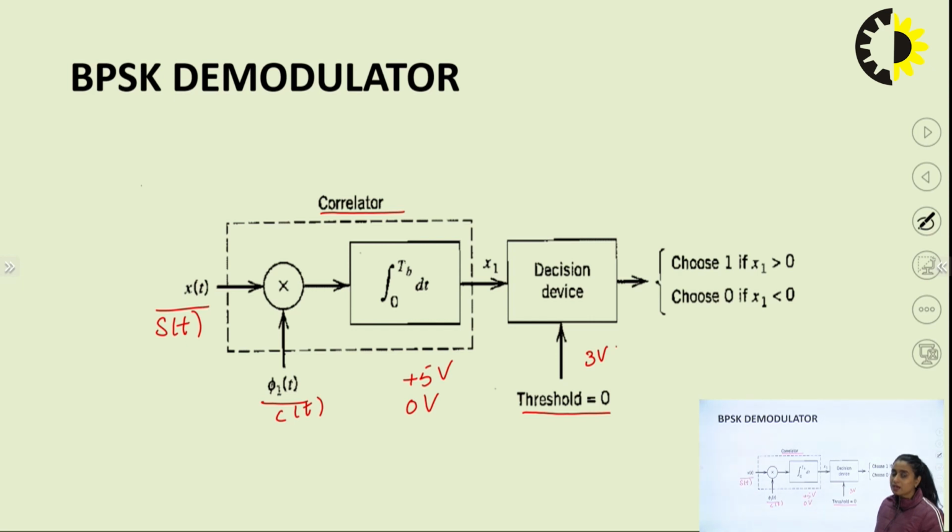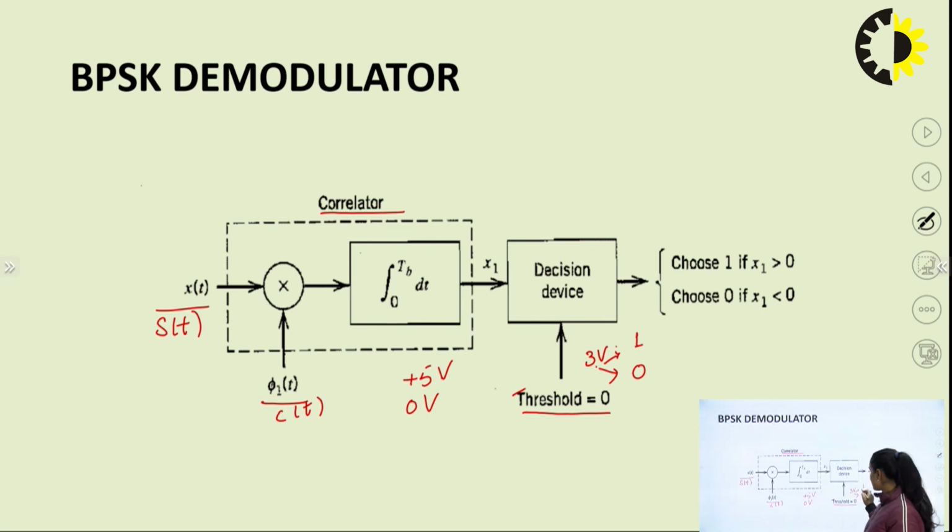Anything higher than 3 volt would be considered as bit 1, and anything lower than 3 volt would be considered as bit 0. That is the role of the threshold, because this plus 5 volt might get reduced to 3 volt in case of noise, and 0 might get increased to 0.5 volt, 0.2 volt, 1 volt or 1.5 volt because of the presence of noise. But as long as it is lower than 3 volt, we will read it as bit 0.